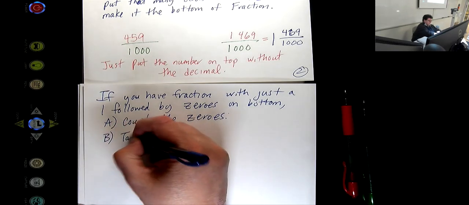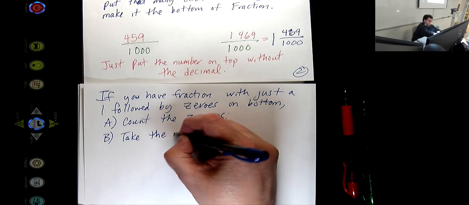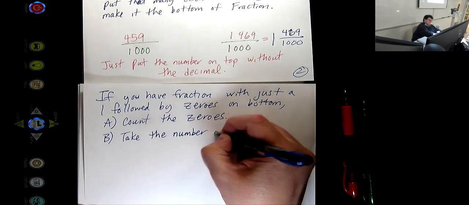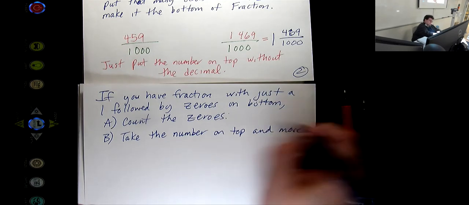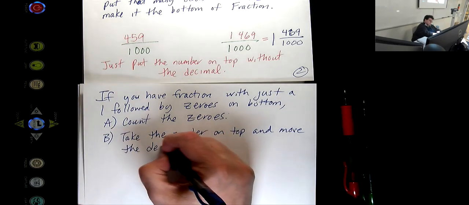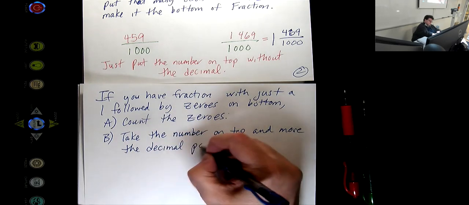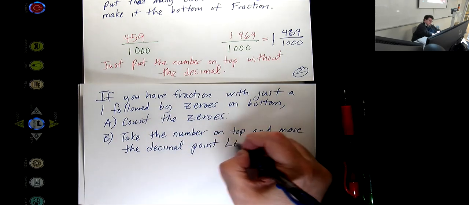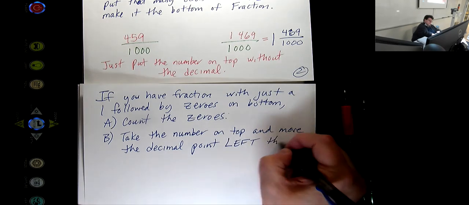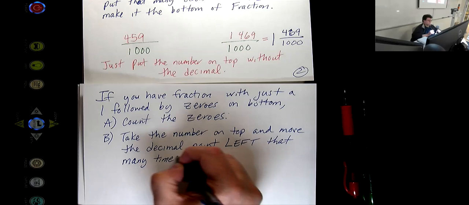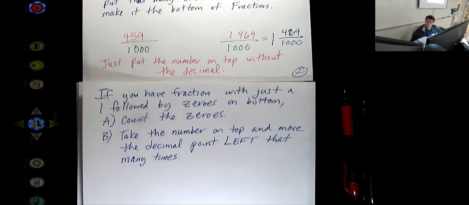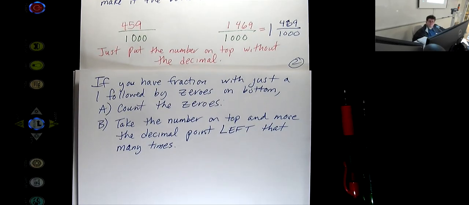Take the number on top and move the decimal point left that many times. If you don't see a decimal point, the decimal point is at the end.